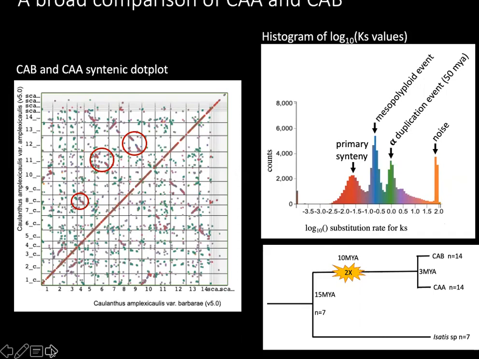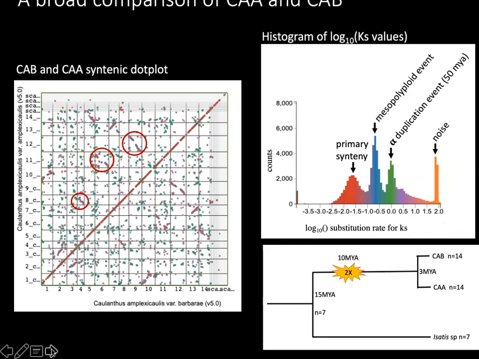So if we're looking at our histogram, we will first be ignoring the primary synteny and noise and focusing more on the other peaks. We can see there was an older alpha duplication event that we predict to be about 50 million years ago, and the more recent event is the mesopolyploid event. If we look at the phylogeny below, it is what we predicted to have occurred.